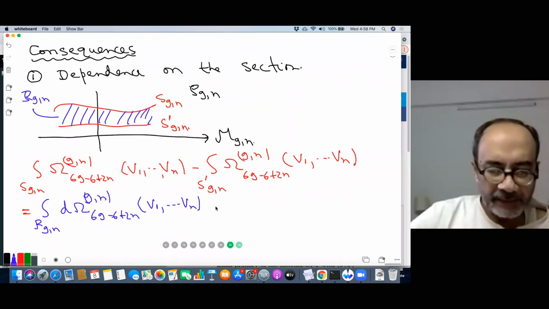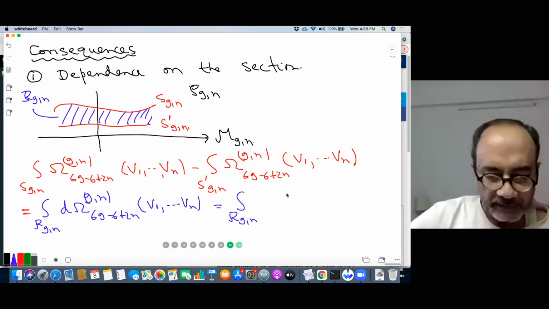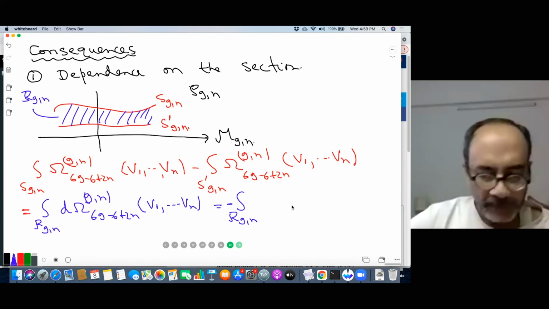And then by using this identity, I see that this is given by the integral over RGN. I think there is a minus sign here, because of this minus 1 to the p.